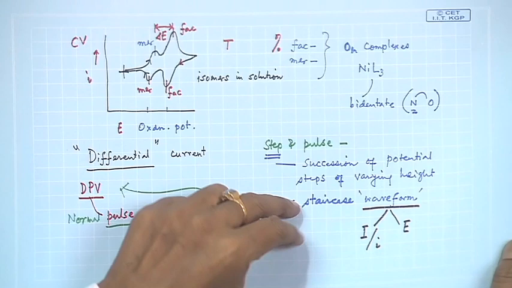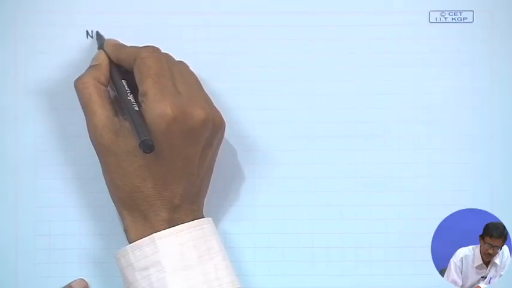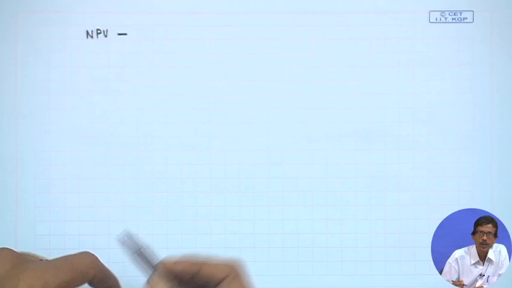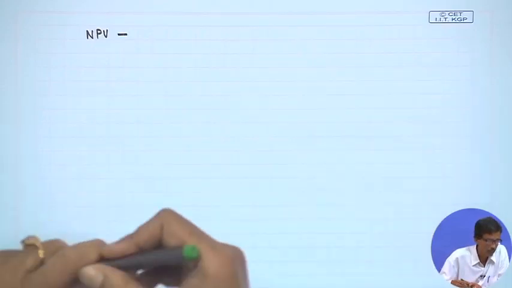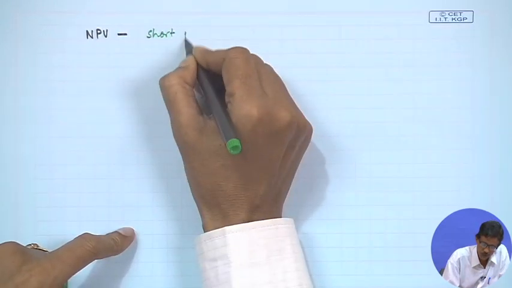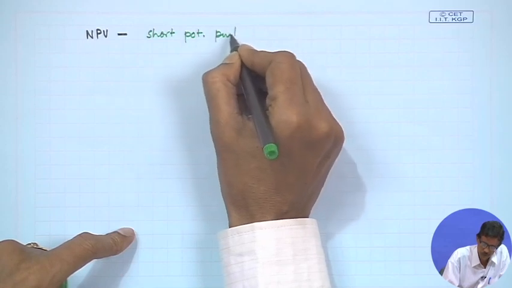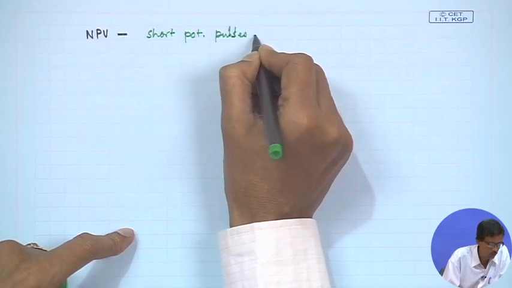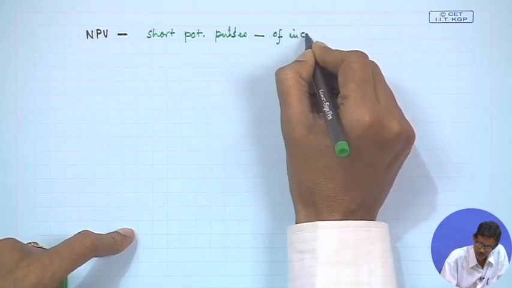Short potential pulses are generated and given to the electrodes. So in normal pulse voltammetry, NPV, we use very short potential pulses of increasing height.